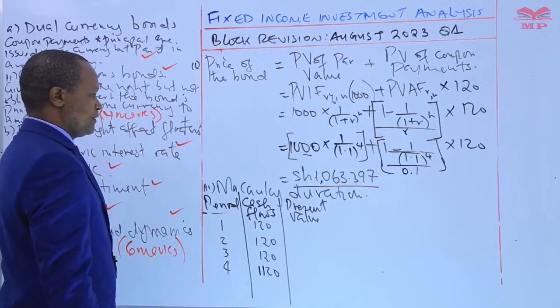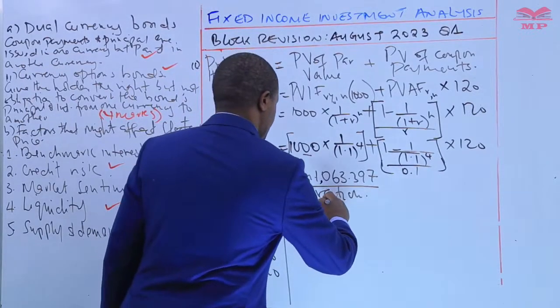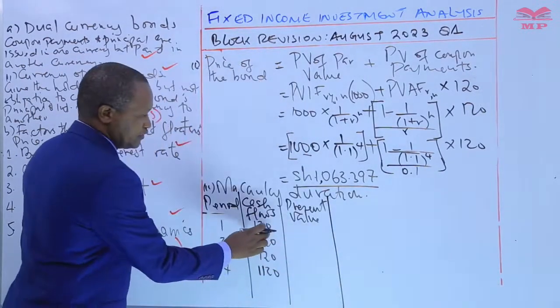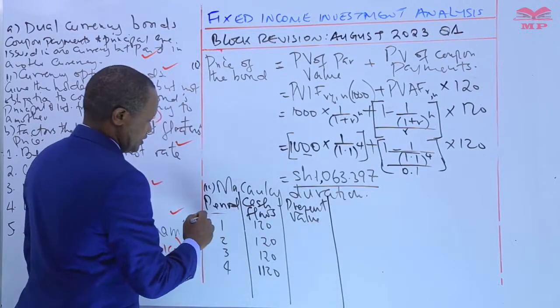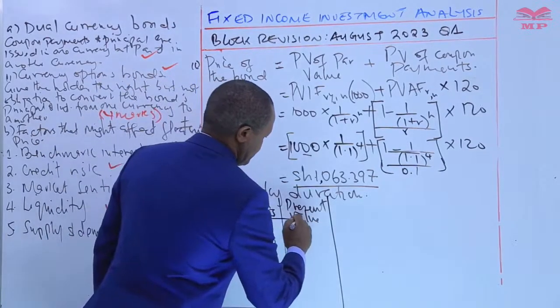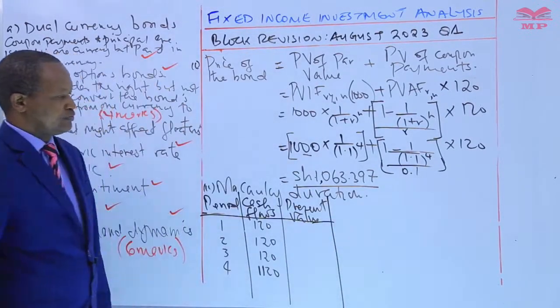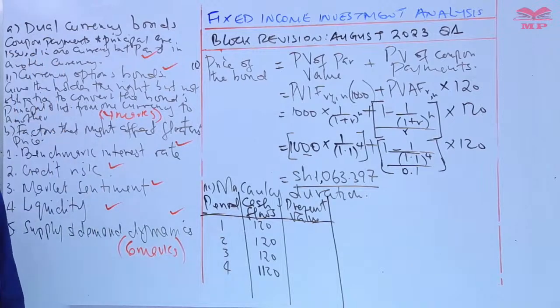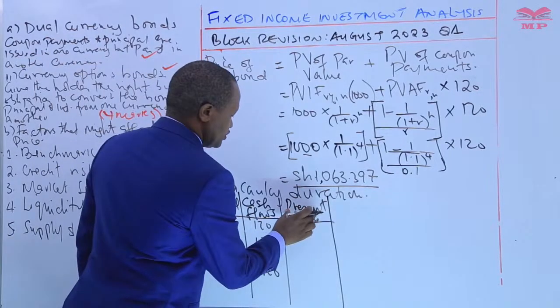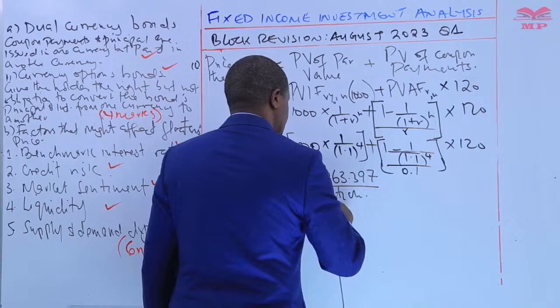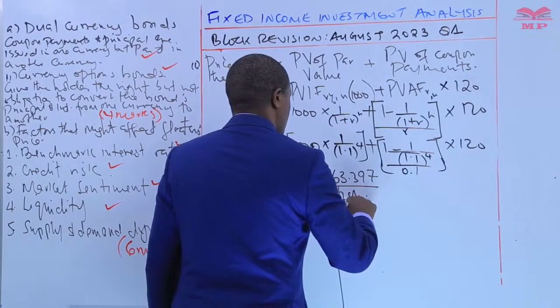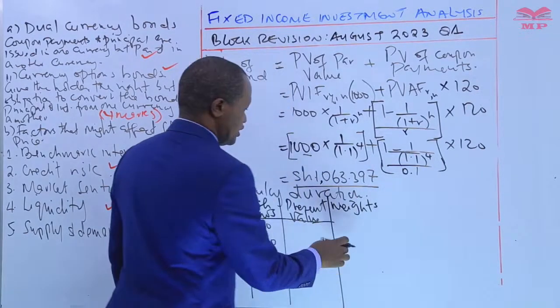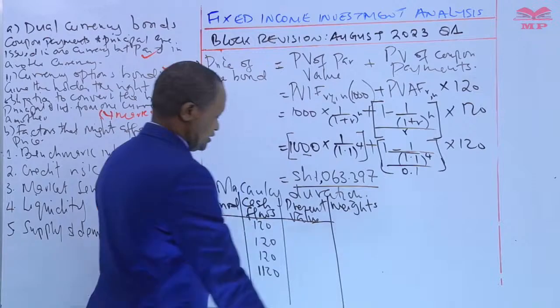Do you understand? So you're going to have the present values of these cash flows under that column. Then we'll use these present values to calculate the weights. You're going to have a column for the weights.